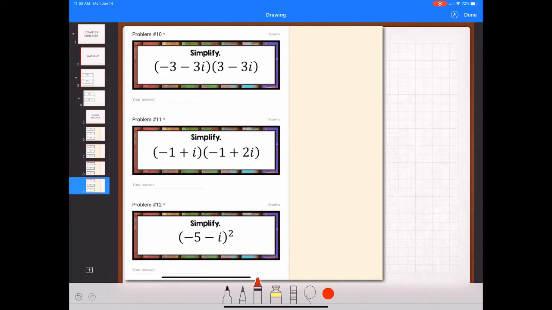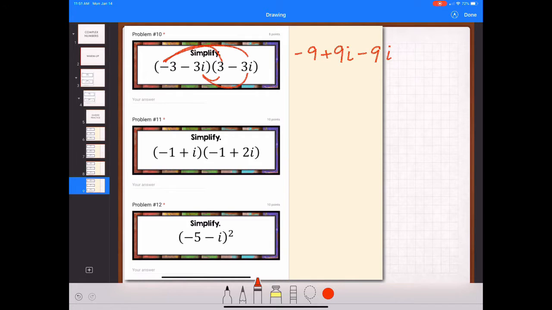Okay, number 10. I'm just going to actually show my work kind of right here on the problem. Right here, multiply, that's negative 9. Multiply. Negative 3 times negative 3 is positive 9 with an i. Underneath, negative 3 times positive 3 is negative 9 with an i.